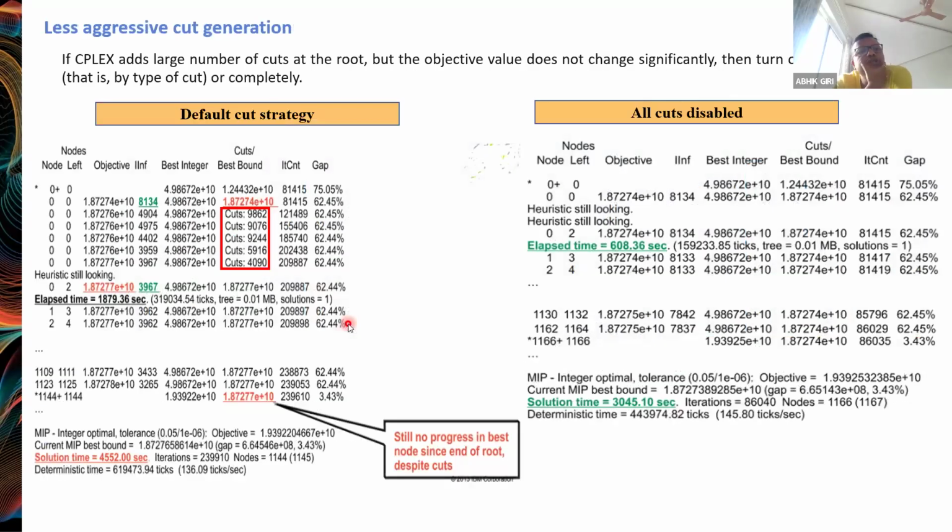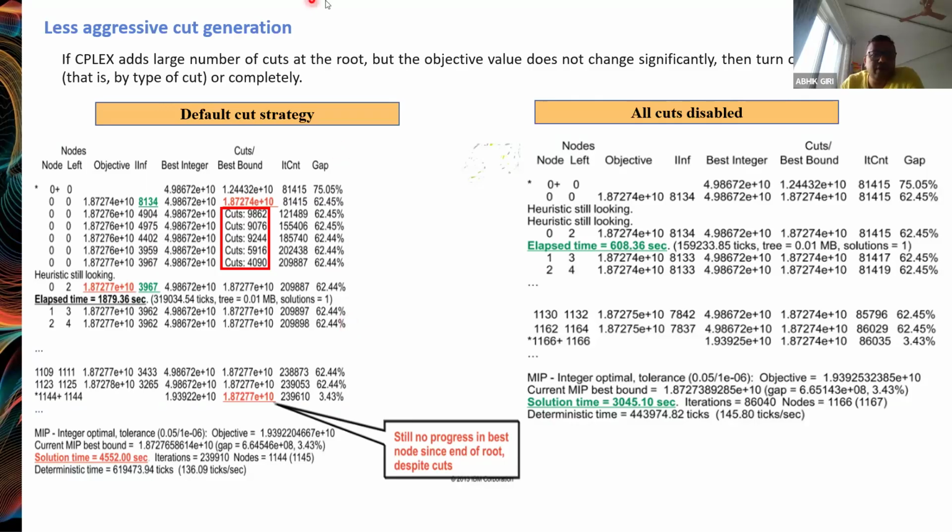Now this is an example to show that it's not necessary that adding cuts will always be helpful. If you have added a large number of cuts to the root, but the objective function does not change significantly, then you can either turn off a particular type of cut or all the cuts completely.